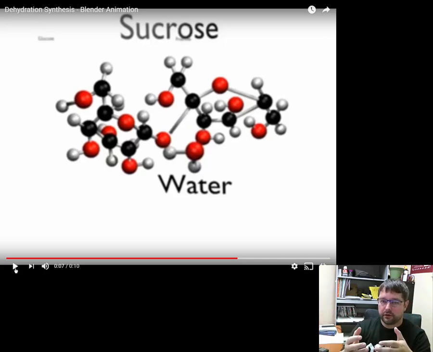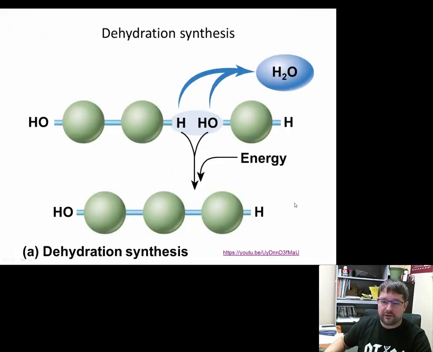Water is formed from the hydroxyl group of one and the hydrogen group of the other. It's not showing the energy supplied, but we have to supply some energy to form this bond between these two molecules. That makes a macromolecule, and in this case it's making sucrose.